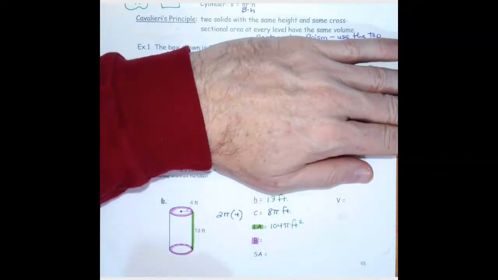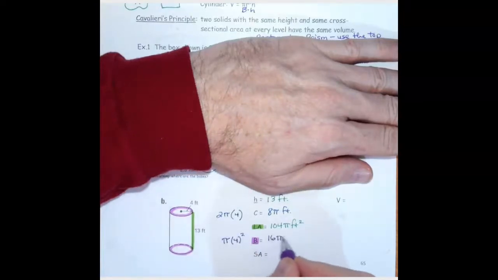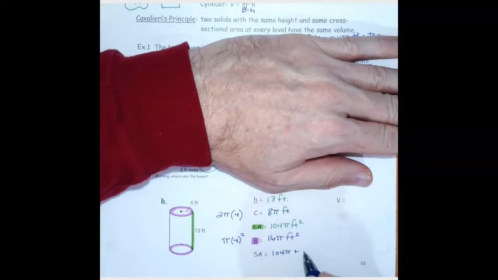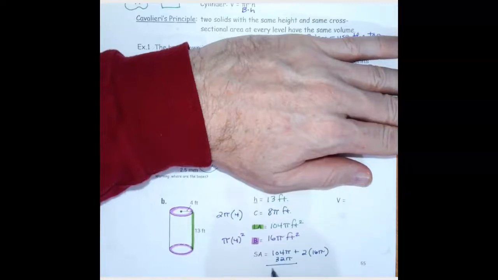Okay. Now the base area, base is a circle, and that's going to be pi r squared. So that's going to be 16 pi feet squared. And so now we have 104 pi plus 2 times 16 pi. So that's going to be 32 pi. If we add this together, that's 136 pi feet squared.